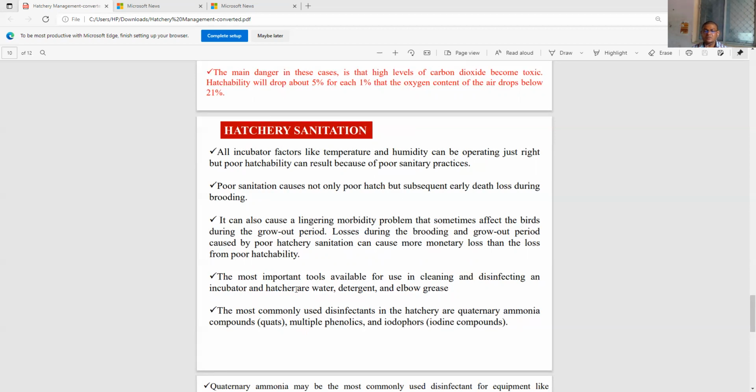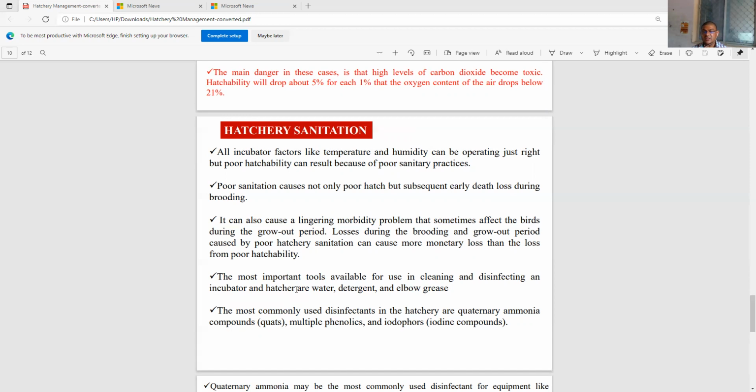It can also cause a low-grade morbidity problem that sometimes affects the birds during the grow-out period. Losses during the brooding and grow-out period caused by poor hatchery sanitation can cause more economic loss than the loss from the poor hatchability.